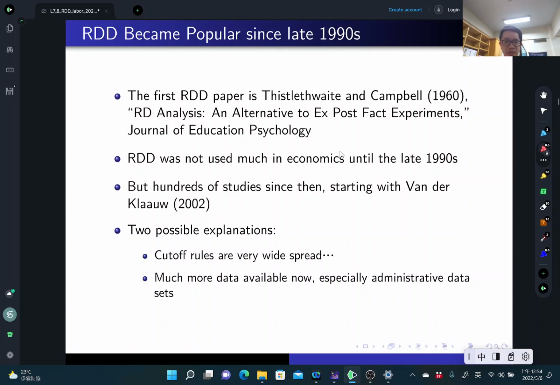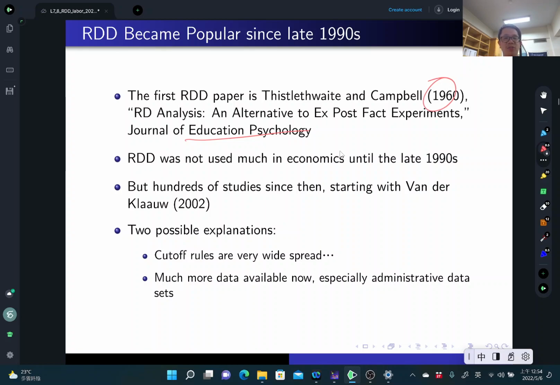RD was invented very early, in 1960. It's actually from the field of education psychology. The first RD paper tried to understand the effect of a scholarship on students' future outcomes, like earnings.